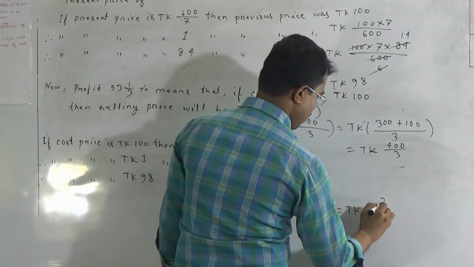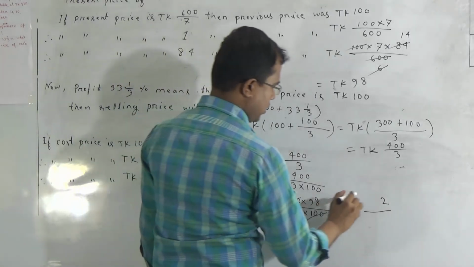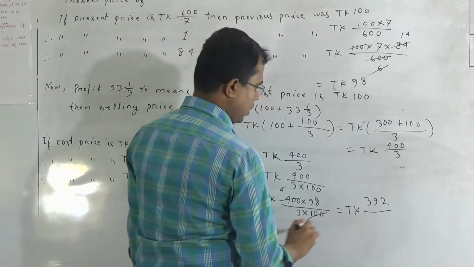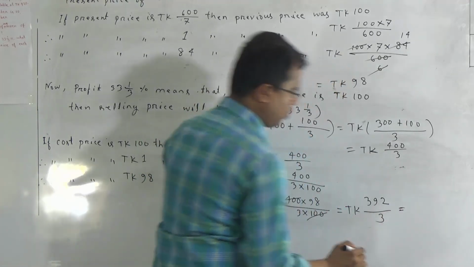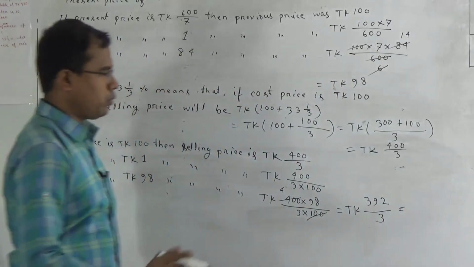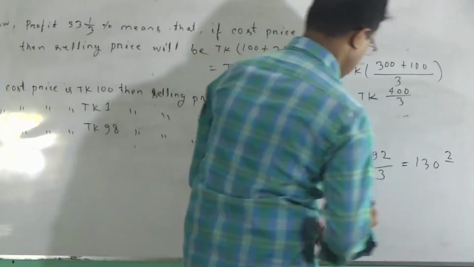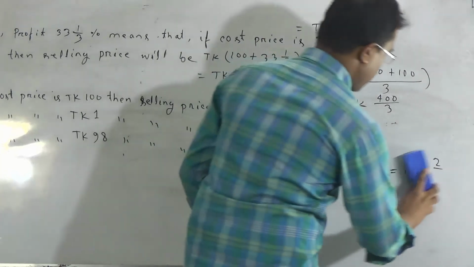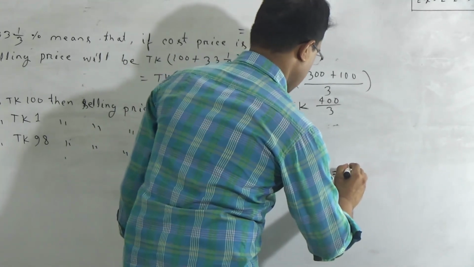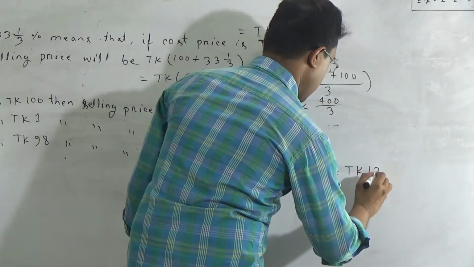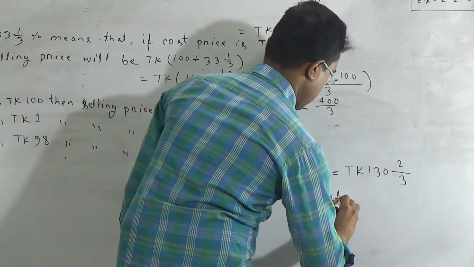From 32 we'll write 2 carrying 3, and 4 9s are 36. 36 plus 3 is equal to 39. That means 392 by 3, and if we convert this into a mixed fraction, it will be 132 whole 2 by 3. TK 132 whole 2 by 3, and this is the answer.